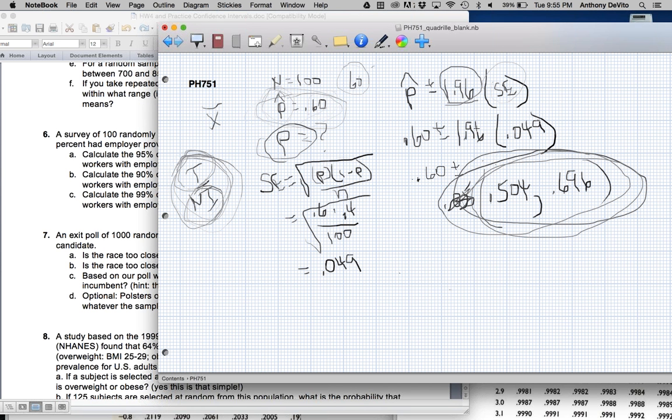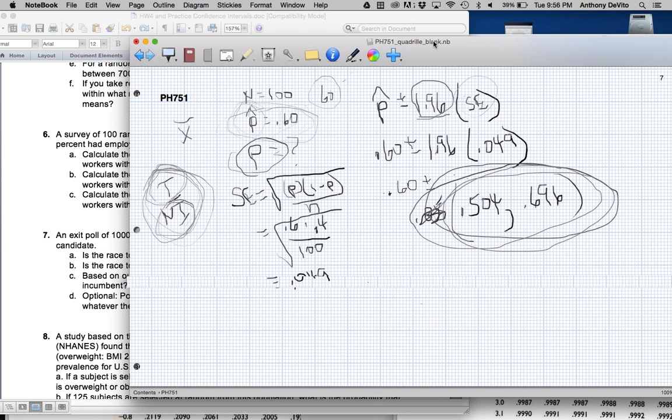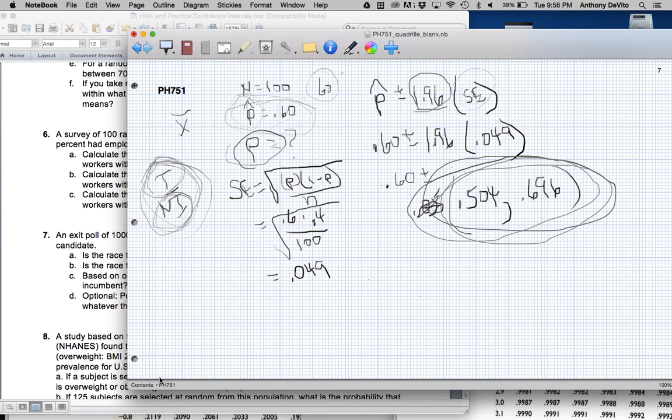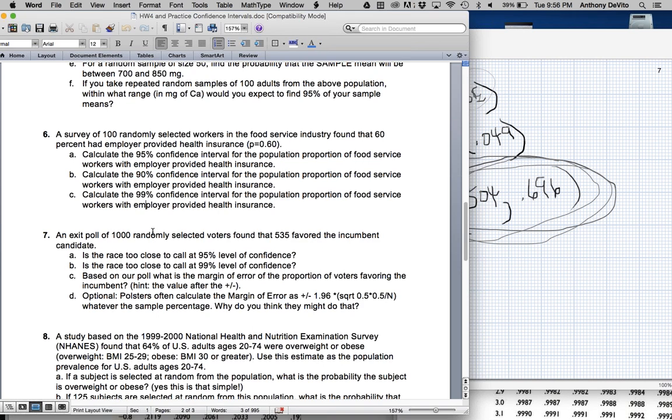And 2.58 would make this a bigger number. It would be like adding and subtracting more like 12%. So it would be like 0.47 to 0.7 something. Our range would be wider because that would give us a higher level of confidence that we captured the true population proportion. Okay, so that's how we would deal with proportions.